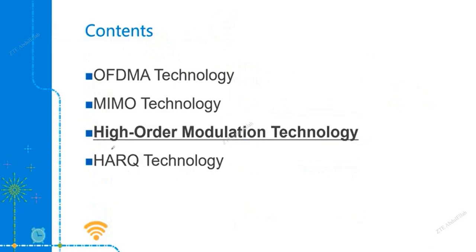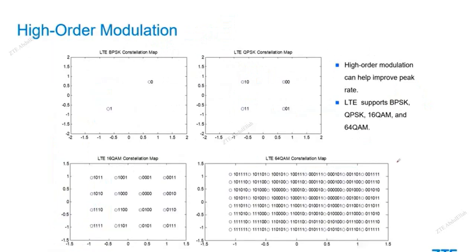Okay, next, let's look at high order modulation technology. This is the modulation in LTE. In LTE we have BPSK, QPSK, 16-QAM, and 64-QAM modulation. High order modulation can improve the peak rate, right?